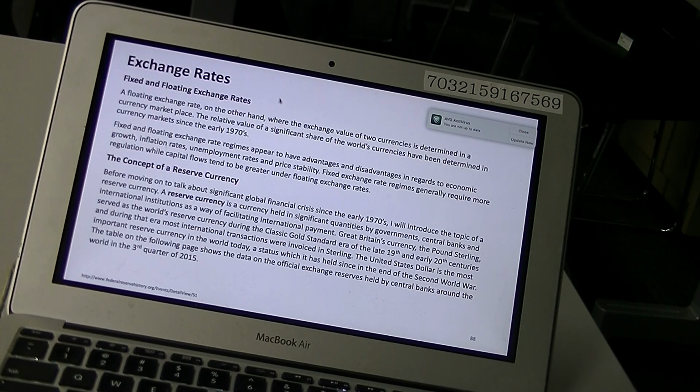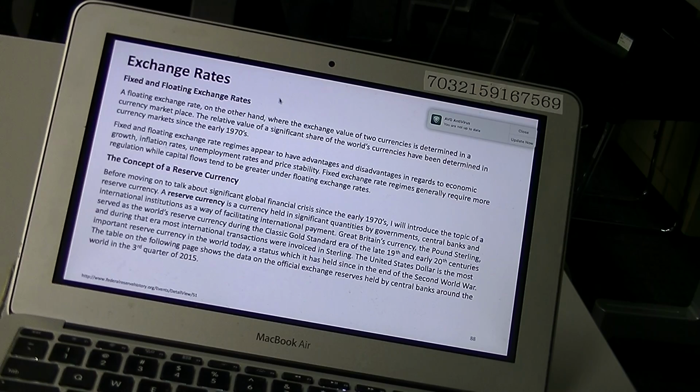In what's called the classic gold standard era of the late 19th and early 20th century, the British pound sterling was considered the world's reserve currency. So most trade was done in pound sterling, so that between countries you bought and sold goods in pound sterling.